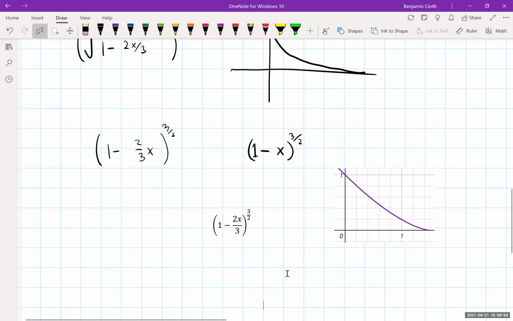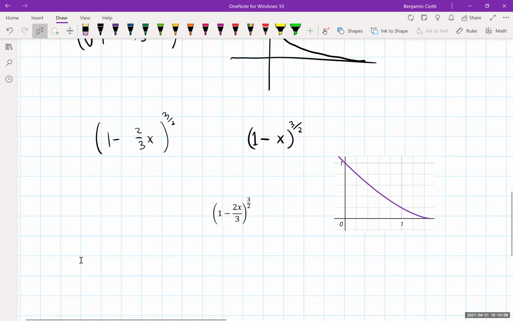And you can see that the average is more curved. Maybe this is a check, if I integrate this from 0 to 3 over 2.